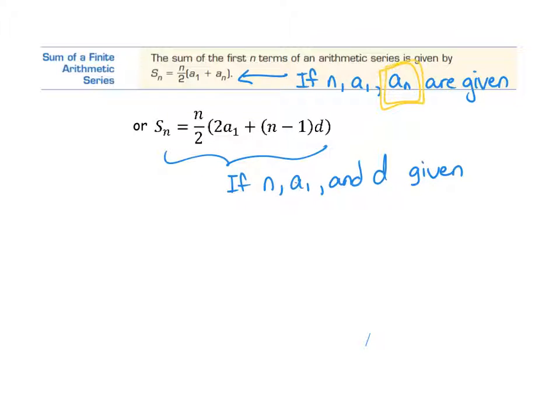So in this one, the difference is the an, and in this one, the difference is the d. It just makes it easier. And really, if you look at it, all the difference is this an here is equal to this, right? So it's just substituted. It's not like you're memorizing a whole new thing. Okay?